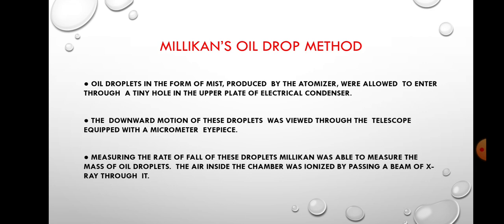The downward motion of these droplets was viewed through the telescope or microscope equipped with a micrometer eyepiece. Measuring the rate of fall of these droplets, Millikan was able to measure the mass of the oil droplets. The air inside the chamber was ionized by passing a beam of X-rays through it.